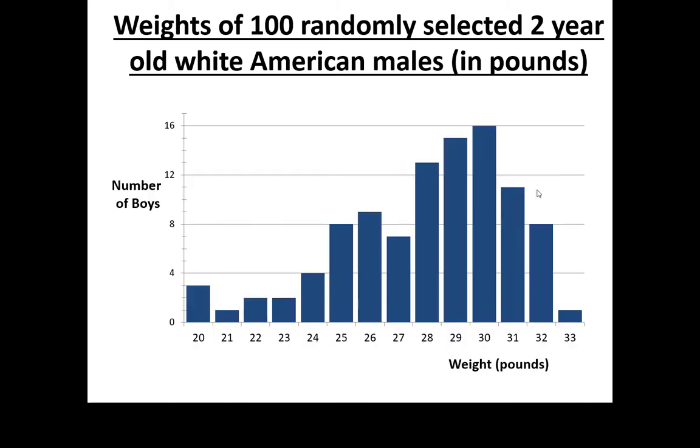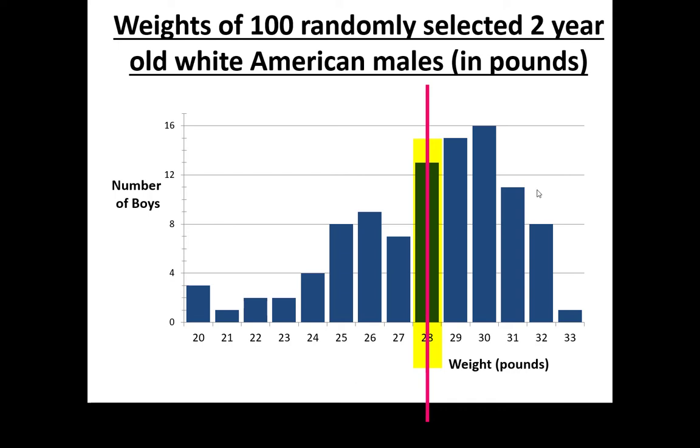Maybe we should take a look at the graph of the data. And when you do, you realize something. This is a bit skewed, isn't it? Your average of 28 sits very nicely in this bar right here. But if you draw a line at that bar and then look at the data to the right and left of it, you begin to realize there's more data to the right than the left.